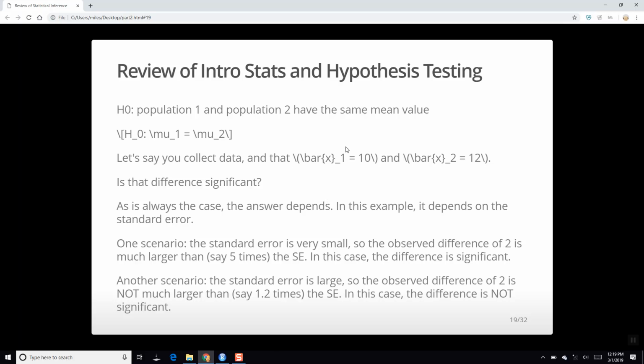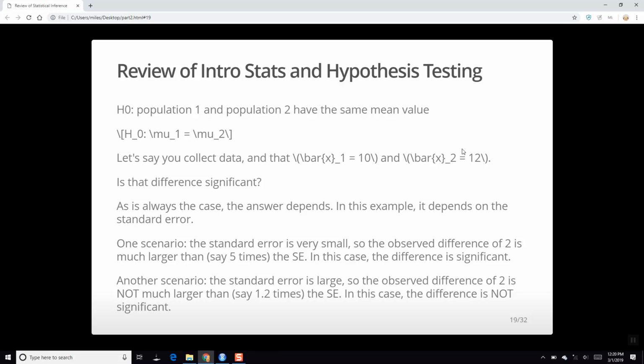Here it says, what if X bar 1 is 10 and X bar 2 is 12? So we observe a difference of 2 points. Is that difference significant? You can't just look at 10 and 12 and say that 2 points is or is not significant. It depends on the standard error, on the variation we see within our samples.